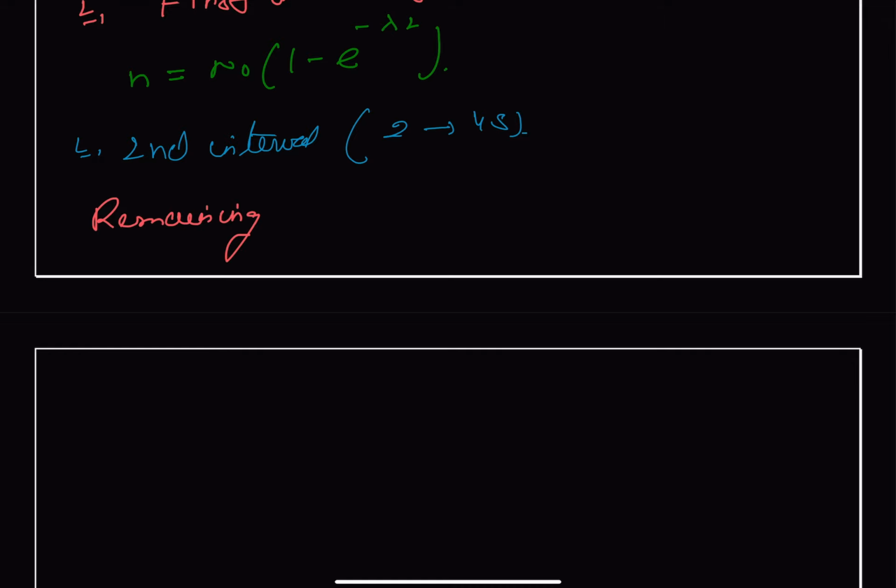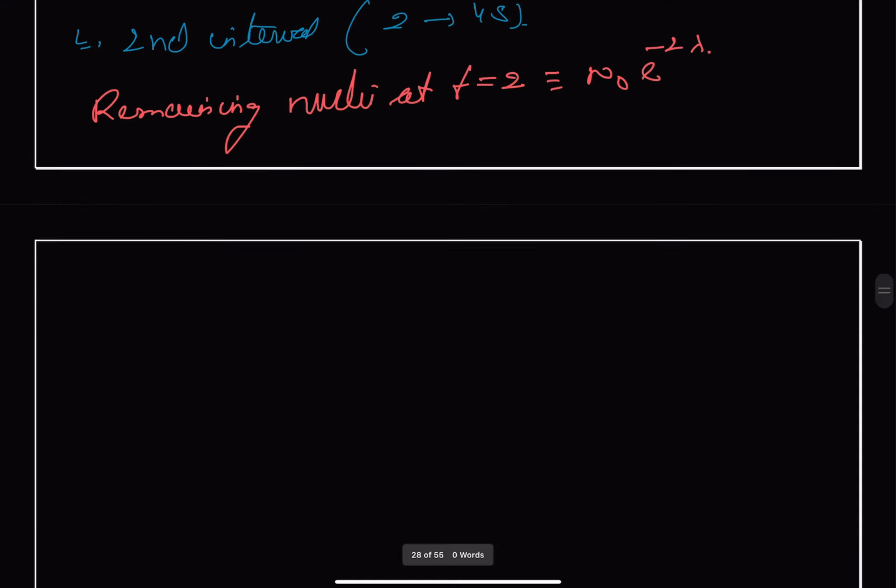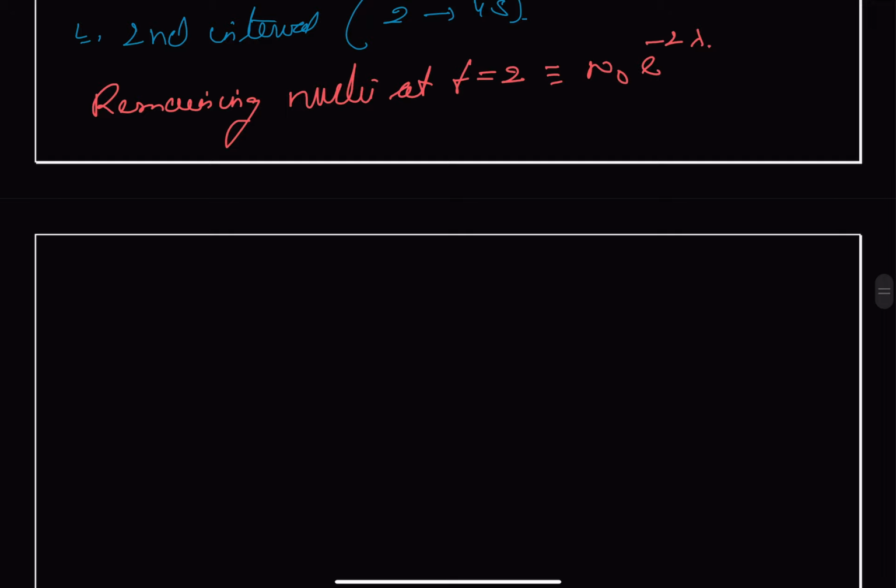Remaining nuclei at t equal to 2 seconds will be equal to N naught e raised to the power minus 2 lambda. Now we can find the decay in the next 2 seconds.